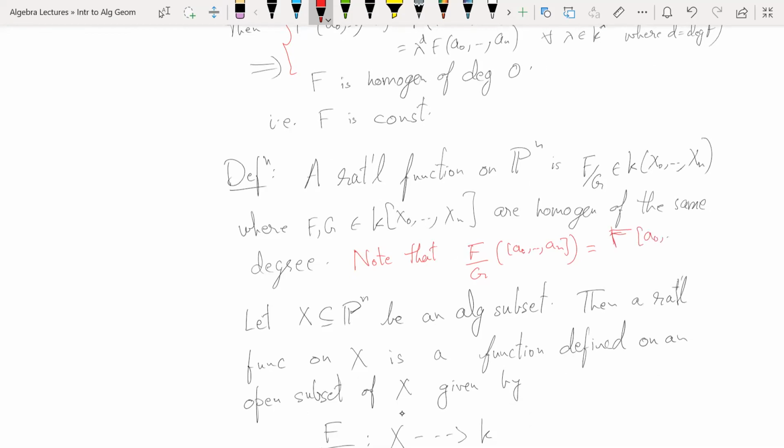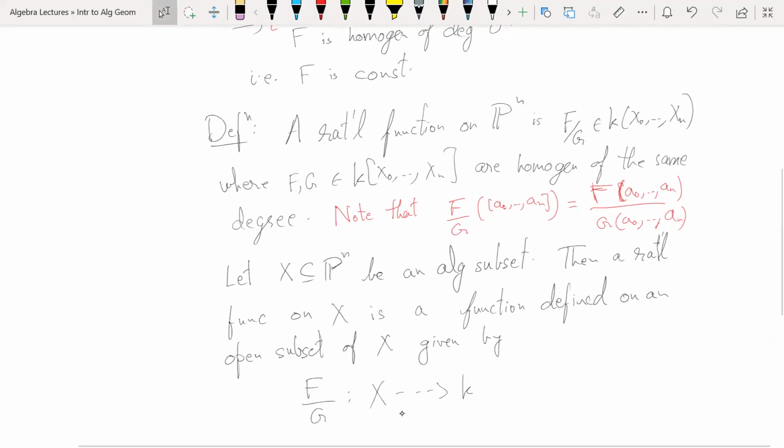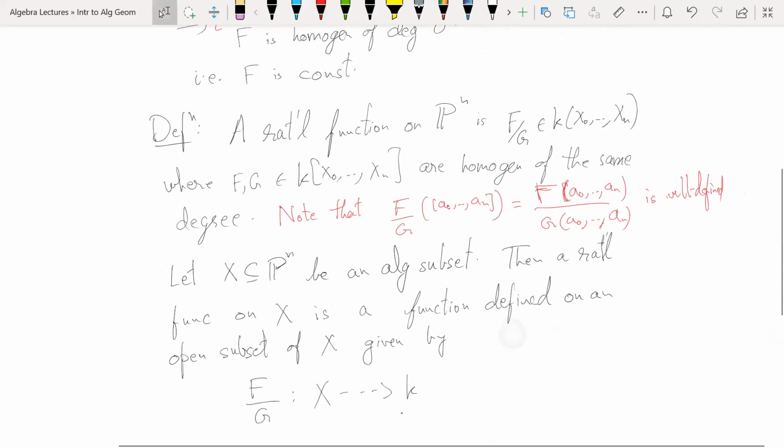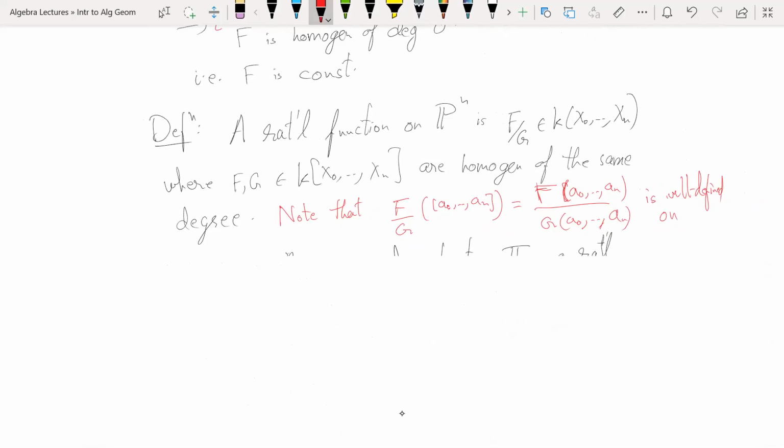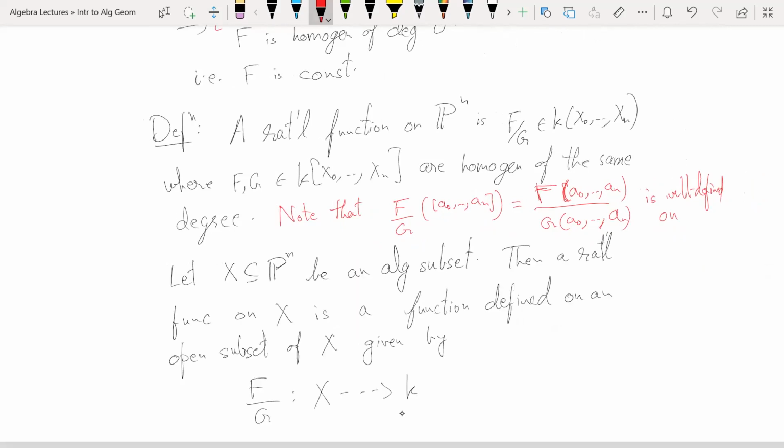You take f(a0, ..., an) over g(a0, ..., an), and it doesn't matter which representative you choose. And this is well defined as long as g does not vanish on (a0, ..., an), so it is defined on Pn minus the zero locus of g.